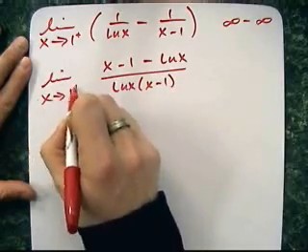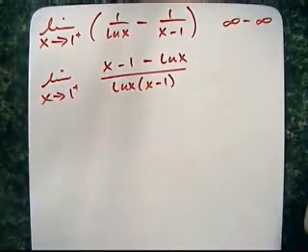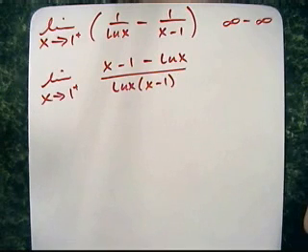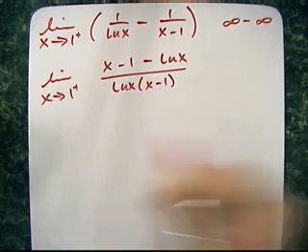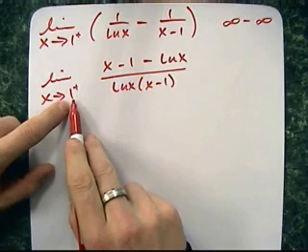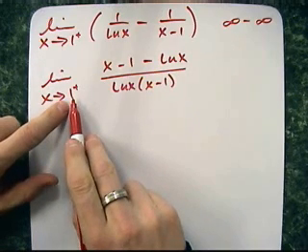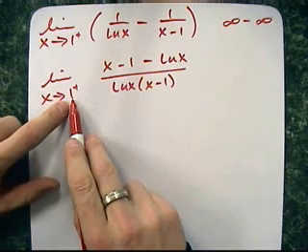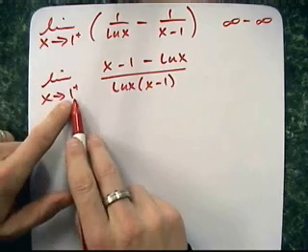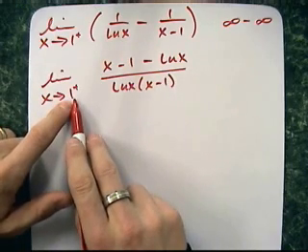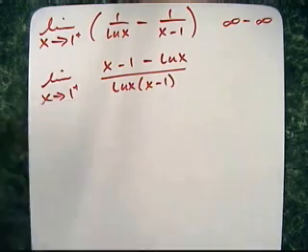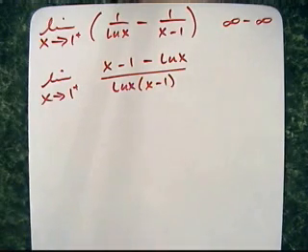That is just a common denominator. What's the plus have to do with? It just means it's coming from the positive side of 1. So if you were to plug in numbers on your calculator, close to 1 could be 1.0001 or 0.99999. Both are really close to 1, but we're coming from the positive side. That's the only thing it does.